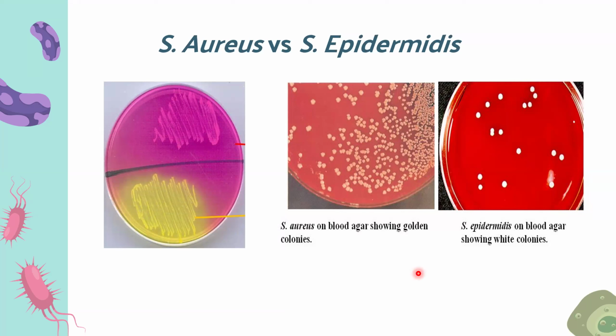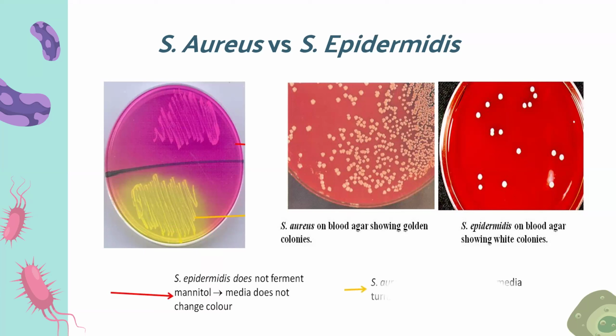If it does not ferment mannitol, which color is it going to give me? Yellow or pink? Pink. Absolutely, great job. So if it does not ferment mannitol, it does not change color, and this is staph epidermidis. If it does ferment mannitol, the media is going to turn yellow, and this is going to be staph aureus. Is everything clear? Do you guys understand all of this?